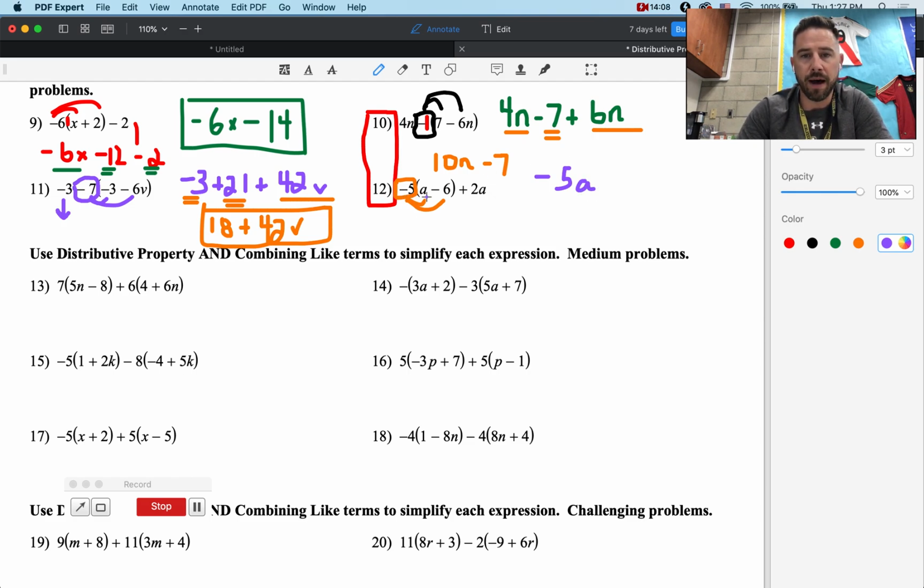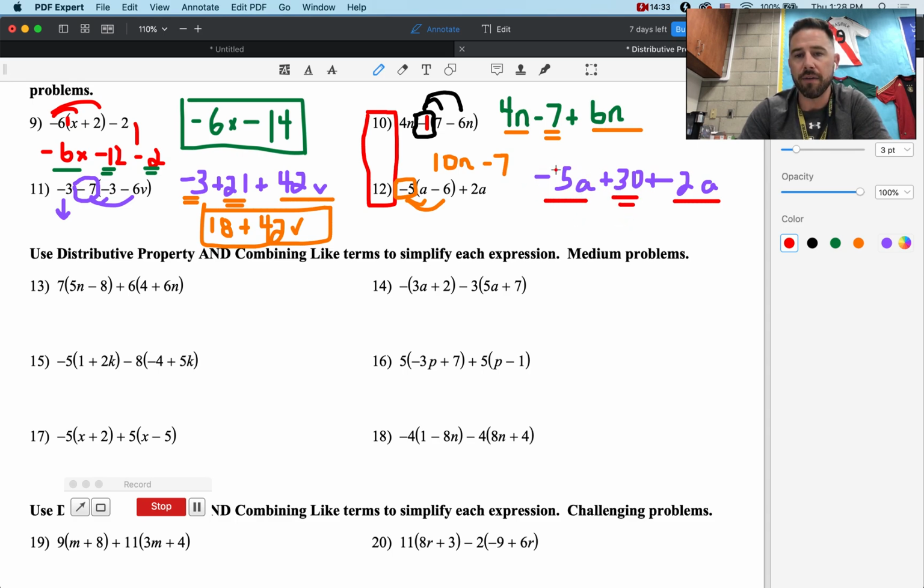Okay, -5 times -6 is a +30. I think I did that right. Yeah, -5a, +30. And then this guy just tags along, and we put him at the end. Okay, time to combine like terms. I think my like terms are a's, and this guy's something else.